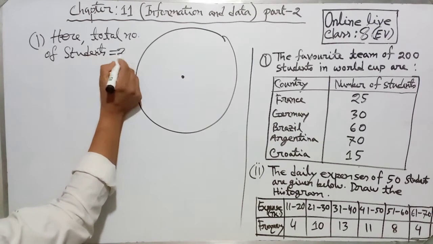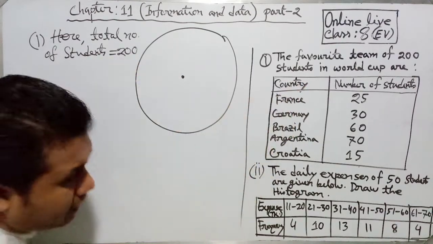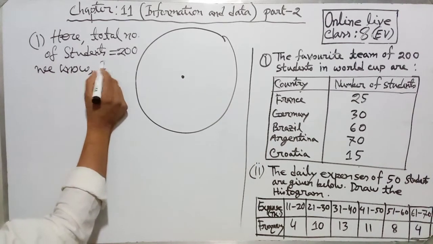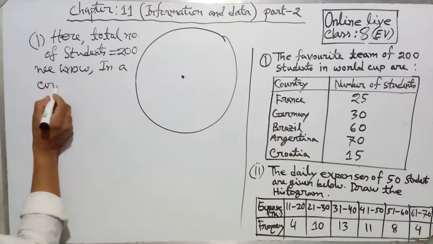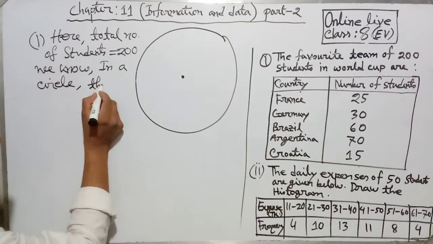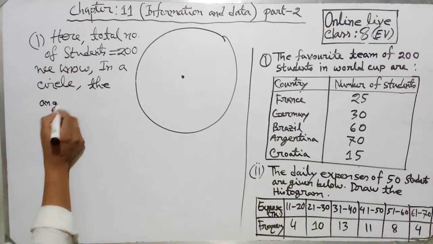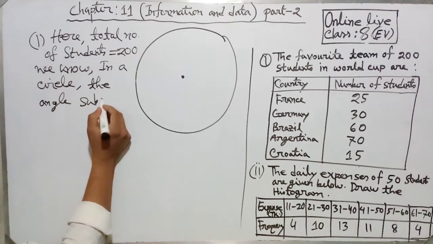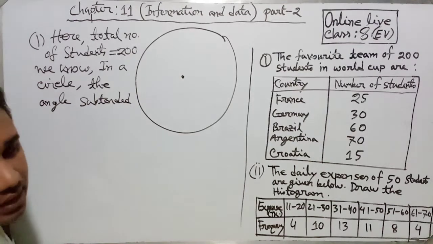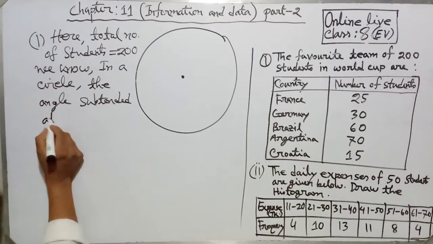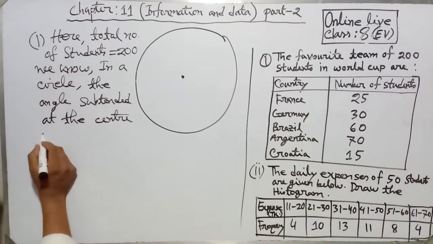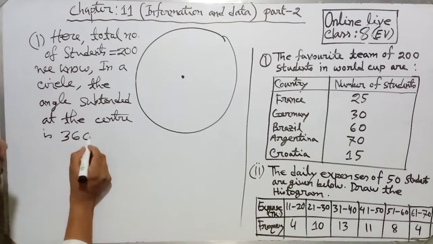Now dear students, here the total number of students is 200, and we know in a circle the angle subtended at the center is 360 degrees.